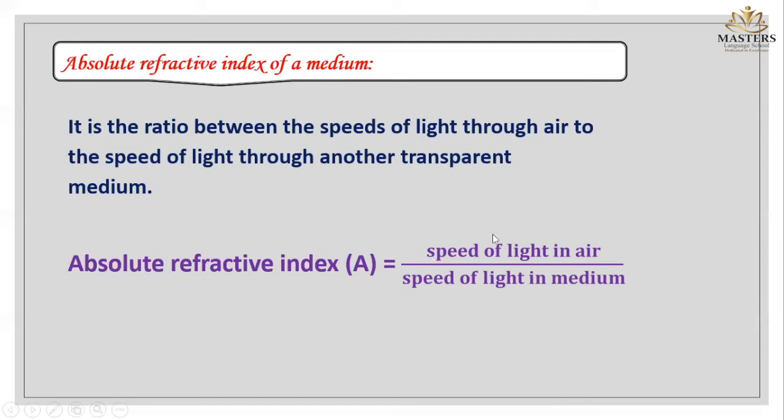Why? Because the speed of light in air is the largest, the fastest speed. Other media's speeds are always less than the speed in air.